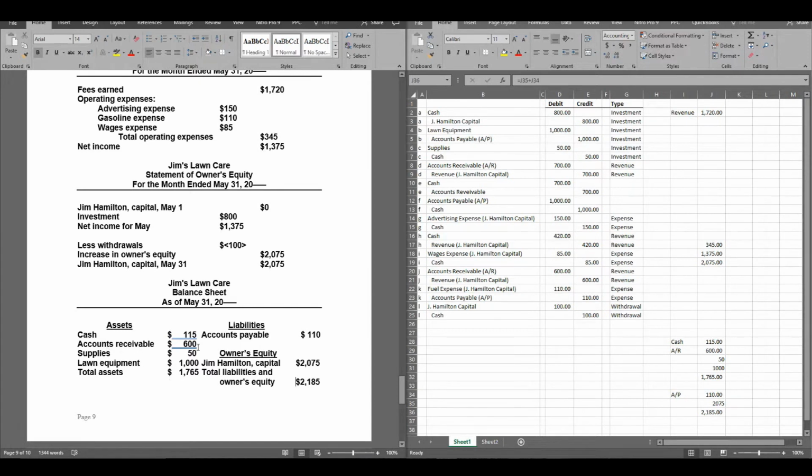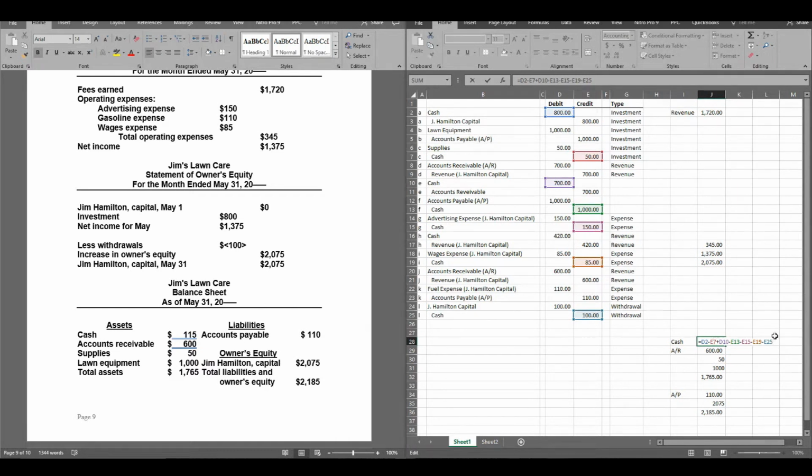Okay, so the assets have to equal the liabilities plus owner's equity. Remember, this is the accounting equation. So let's talk about cash. Cash here, 800, right? Minus 50 plus 700 minus 1,000 minus 150. Oh, here we go.